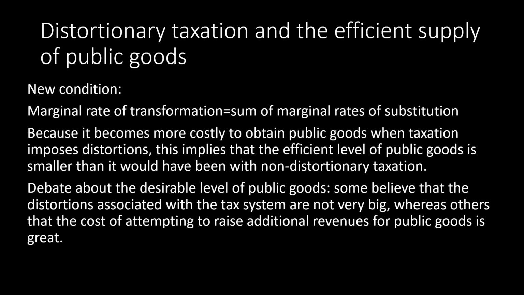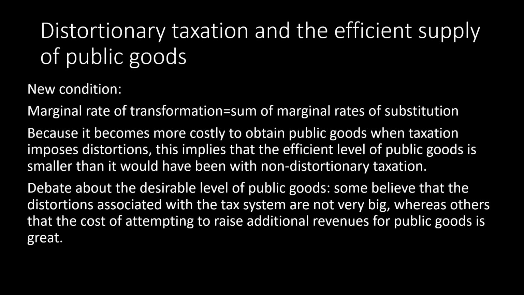I'll be looking at a new condition, which is that the marginal rate of transformation is equal to the sum of the marginal rates of substitution. Why this? Because it becomes more costly to obtain public goods when taxation imposes distortions.